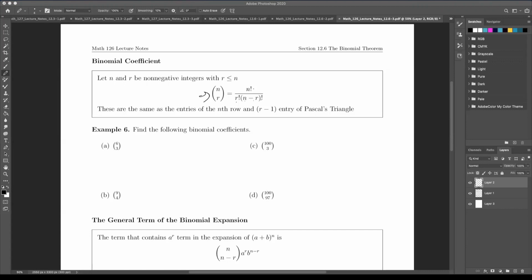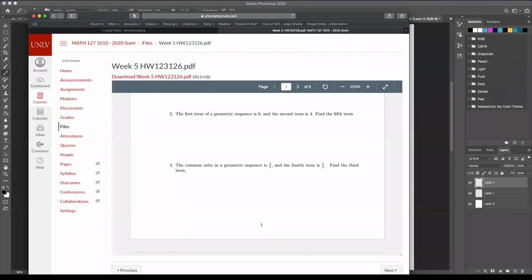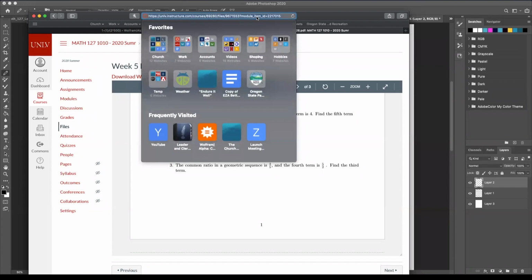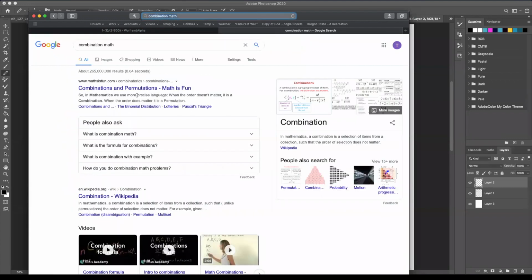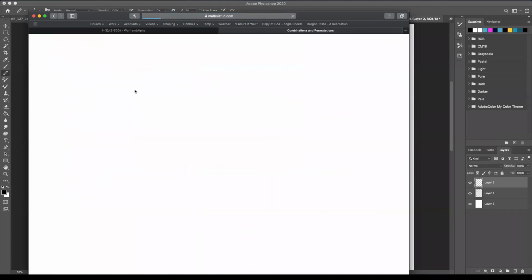That's really what it means. Let me just type in combinations real quick, not to get you too lost in the statistics, but just to show where it comes from.